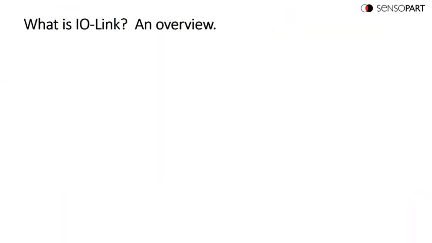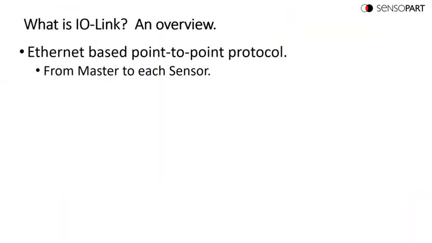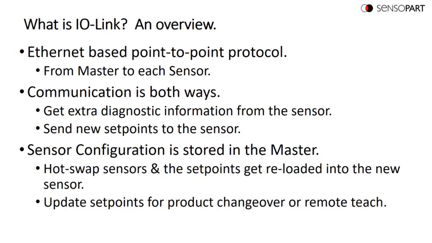To wrap up what I've talked about so far, IO-Link is an Ethernet-based point-to-point protocol from the master to the sensor 2 ways. You can also save the configuration in the master. So when your sensor inevitably is crushed by a maintenance guy or someone arc welds on the machine and you need to replace the sensor, when you plug in the new sensor, the master will check what make it is, what model it is.